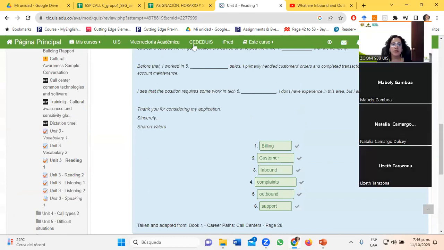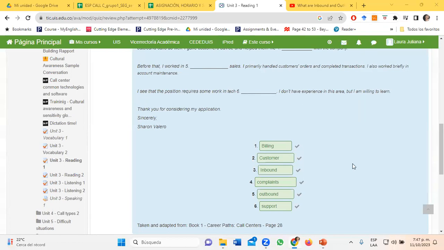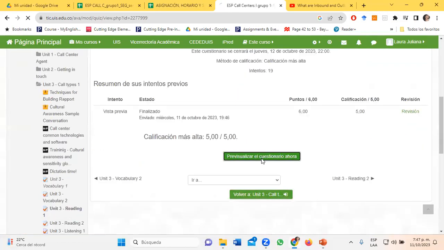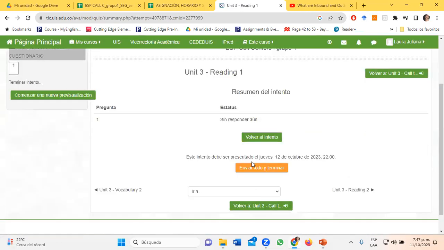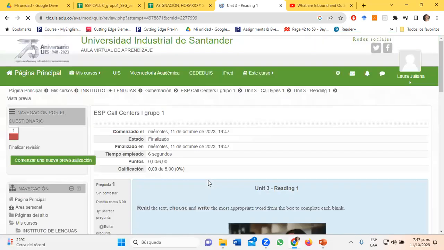Well, guys, I want to mention something that I noticed in some of the attempts. And because you have several opportunities, I can see that some of you just click on the activity without doing it. For example, here, if I do this, you just click terminar, okay? And then you do this.